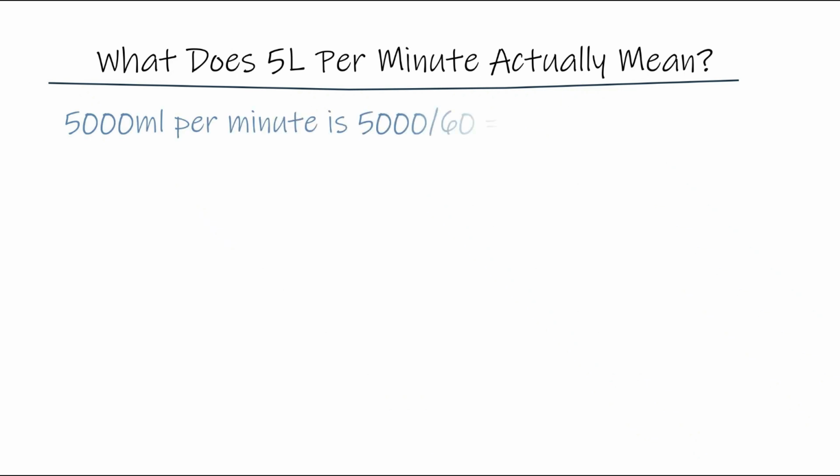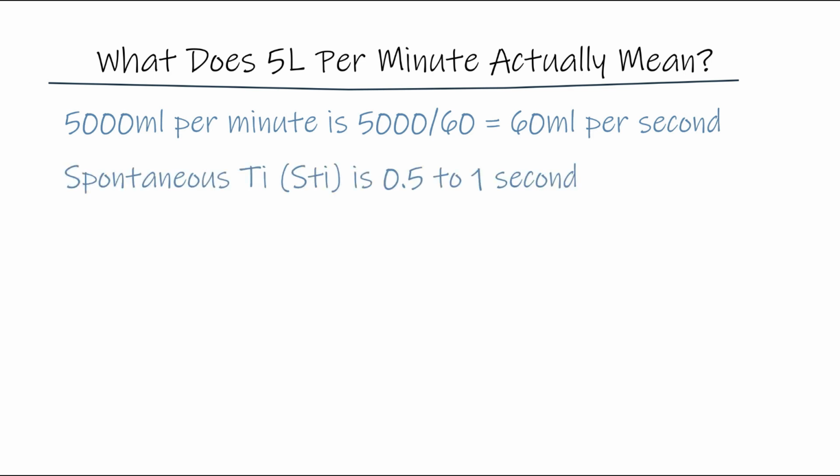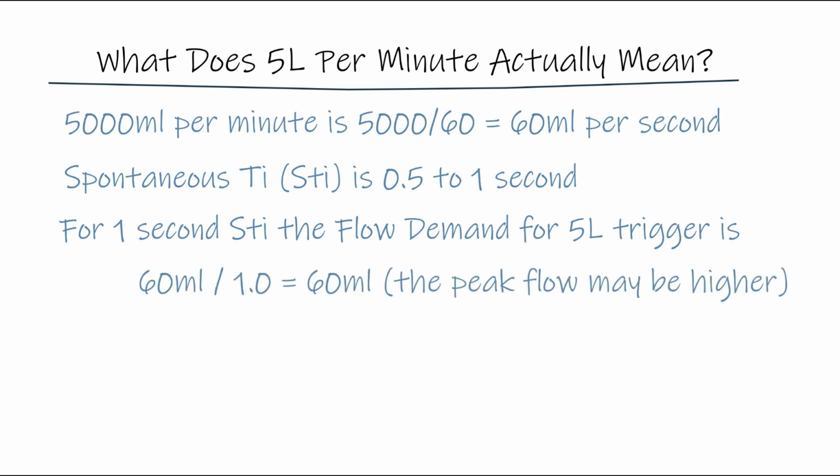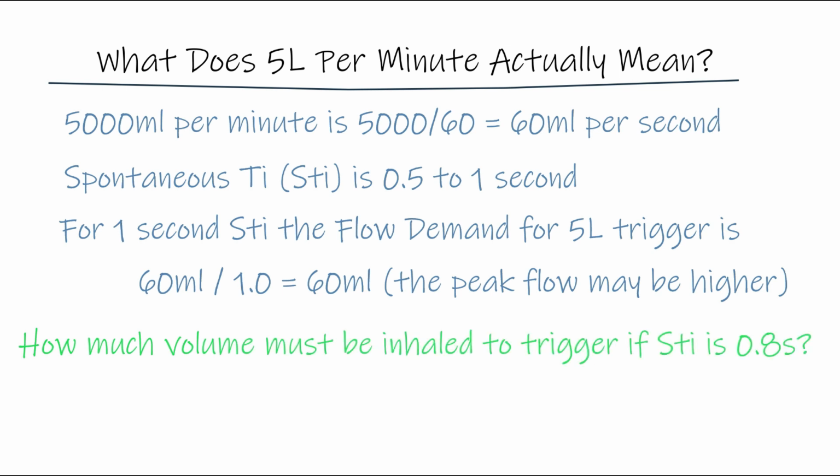5 litres per minute is 5,000 mils in 60 seconds, or 60 mils per second. If the spontaneous inspiratory time is 0.5 to 1 second, for 1 second spontaneous inspiratory time, the flow demand for a 5 litre trigger is 60 divided by 1, or 60 mils. How much volume must be inhaled to trigger if the spontaneous inspiratory time is 0.8 seconds?